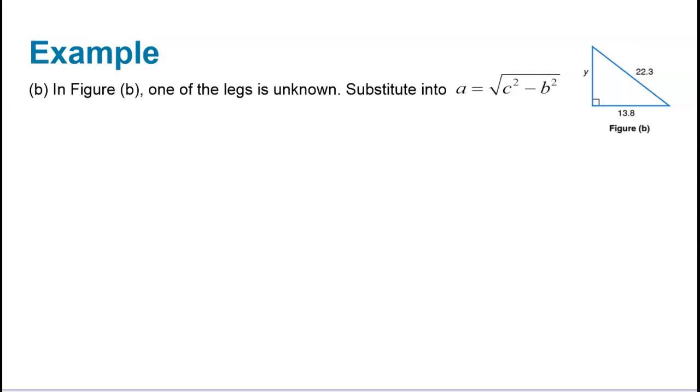Okay, so let's go ahead and take a look at this, and we're going to again rewrite the problem.